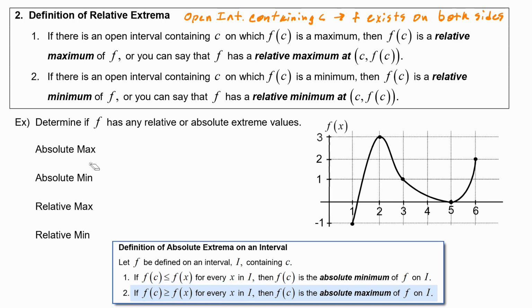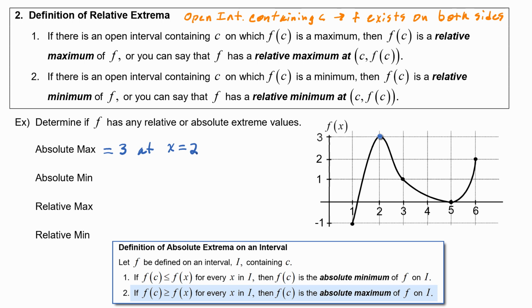Now the interval we are talking about goes from x equals 1 to x equals 6. And clearly, y equals 3 is an absolute max. And it occurs at x equals 2.